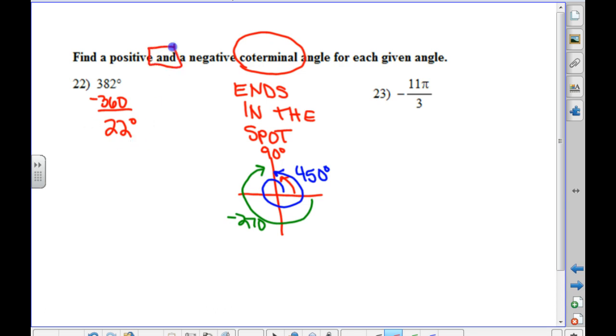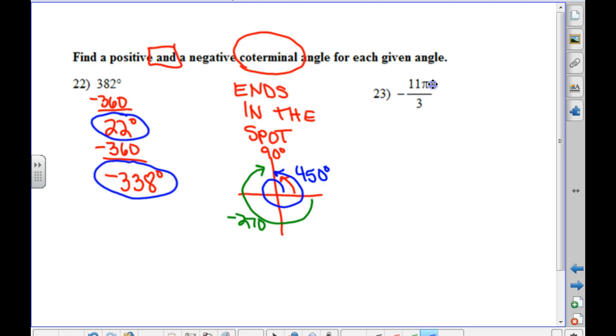It says we need both a positive and a negative, so if we subtract another 360, we get 338. So there's multiple answers. I found two. You have to have a negative and a positive, but there's an infinite number of possible solutions.